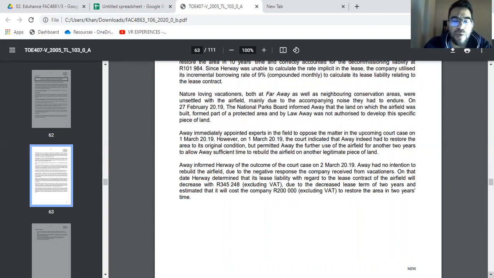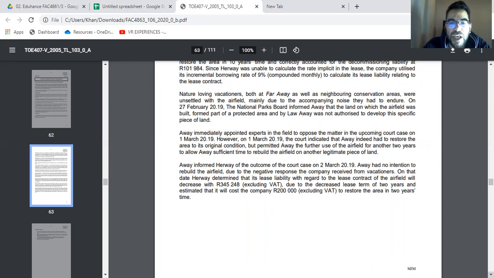Away immediately appointed experts in the field to oppose the matter in the upcoming court case on 1 March 2019. However, on 1 March 2019, the court indicated that Away indeed had to restore the area to its original condition, but permitted Away the further use of the airfield for another 2 years to allow Away sufficient time to rebuild the airfield on another legitimate piece of land.